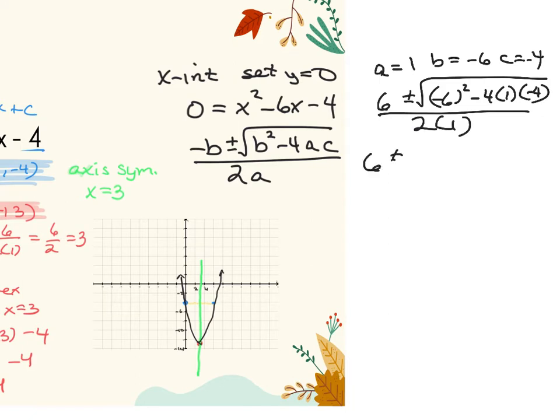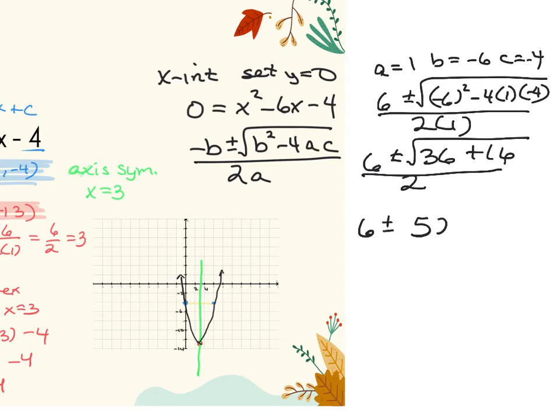So 6 plus or minus the square root of 36 plus 16 over 2 times 1, which is 2. Do not be tempted to simplify yet. We need to simplify the radical first. So 36 plus 16 is 52. I need to break down the 52.